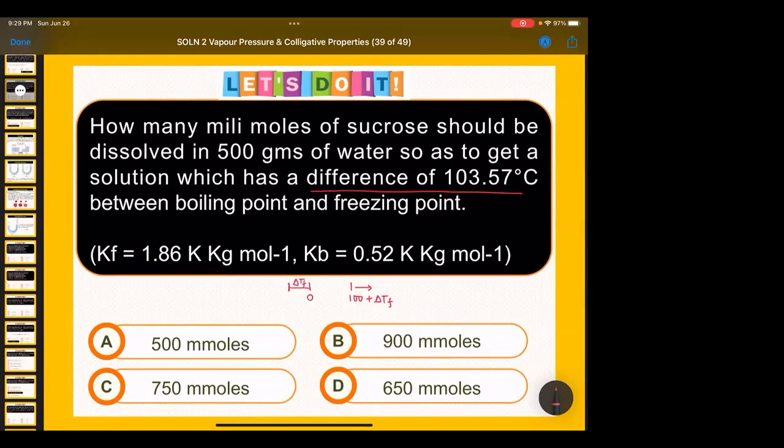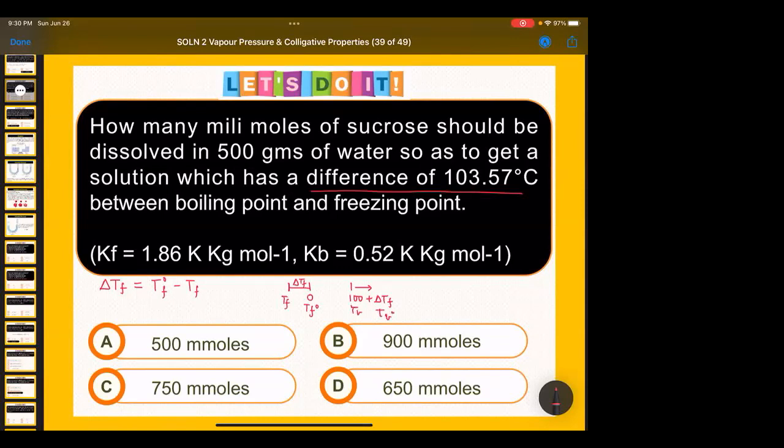As we discussed in the last class, delta Tf is equal to the original freezing point, which was higher, minus the new freezing point. Tf naught is the original. This is Tf, this is Tf naught, this is Tb, this is Tb naught.